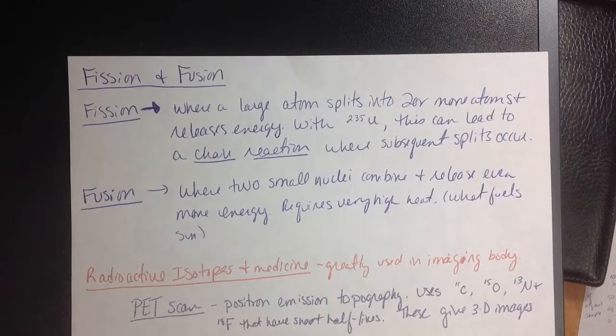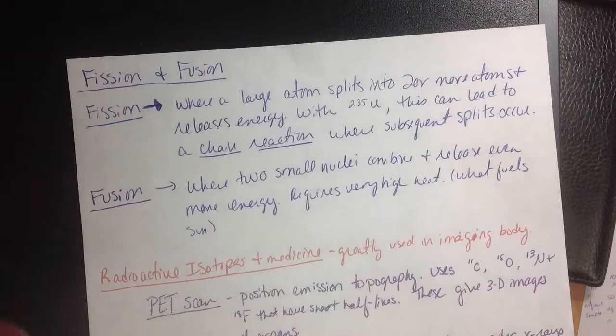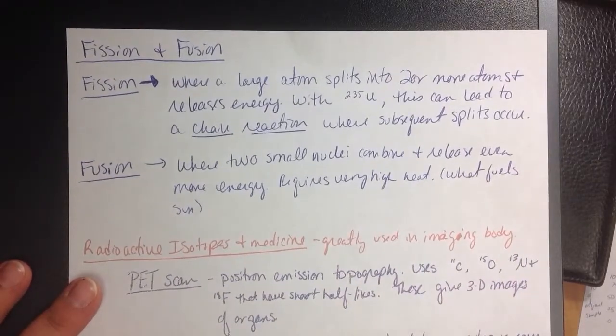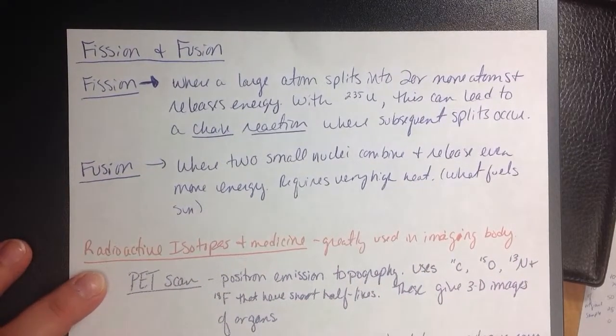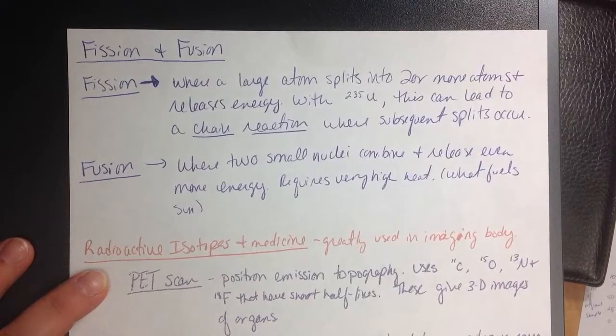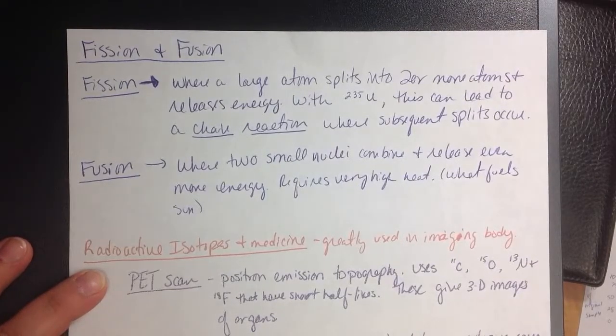Uranium-235 is bombarded with a neutron first, making uranium-236. Then it splits into 2 things, and those things can split into other things, and that's what you mean by a chain reaction. It's constantly leading to the next reaction, the next reaction, the next reaction.